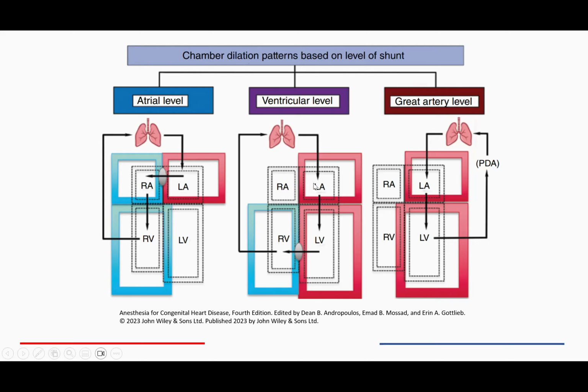So the left side dilates more, and the same with PDA. So we should mind this difference: in shunts that are before the AV valves, usually the right side dilates first, and in shunts that are distal to the AV valves, the left side dilates first.